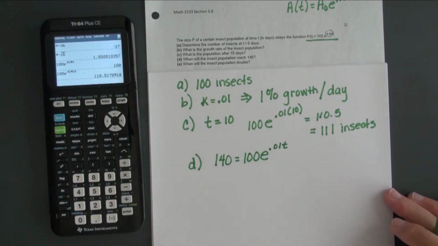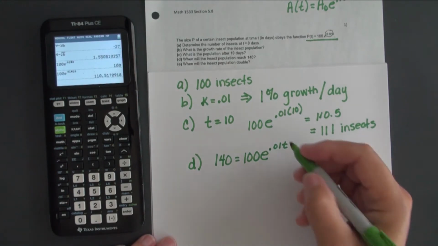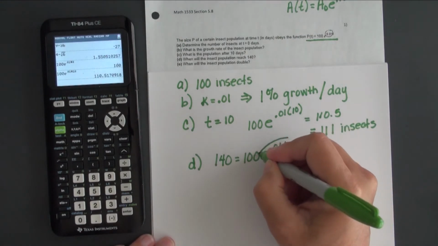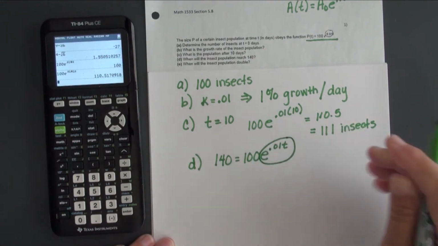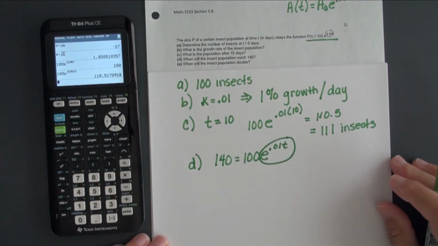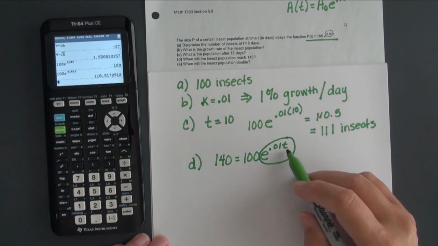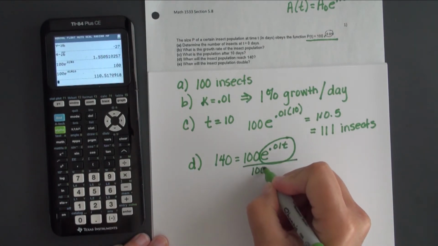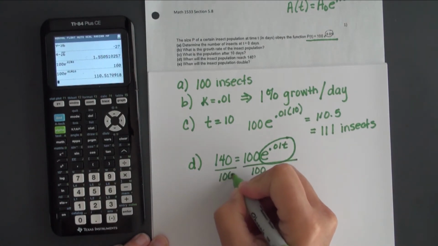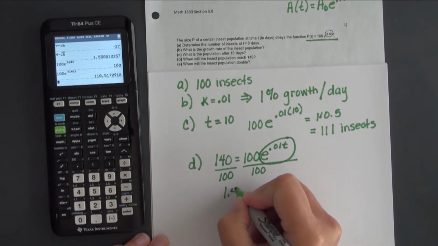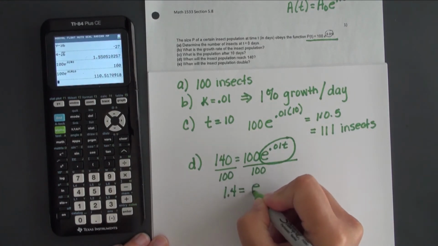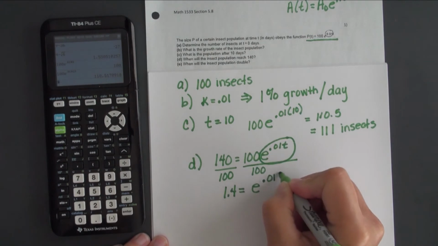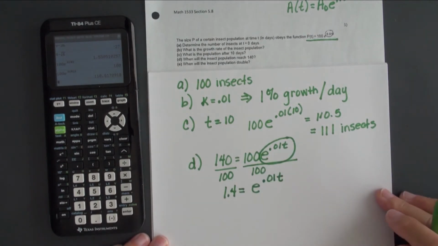Now this is an exponential equation, and we've talked about exponential equations. When you solve them, you need to isolate the term with the exponential portion. So I need to divide both sides by 100, and I have 1.4 equals e to the 0.01 t.